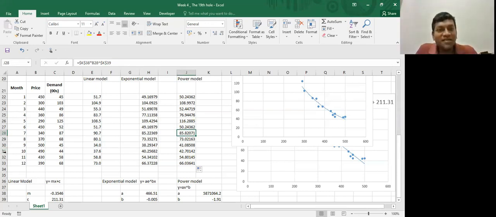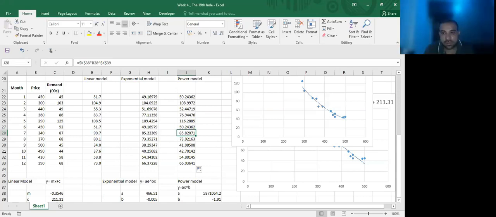No, it has nothing to do with whether it is elastic or inelastic. If we are using a particular model, whether linear, power, or exponential, there has to be some criteria. What criteria? Nothing to do with elasticity of demand. When the predicted demand is closest to the demand that we have already.